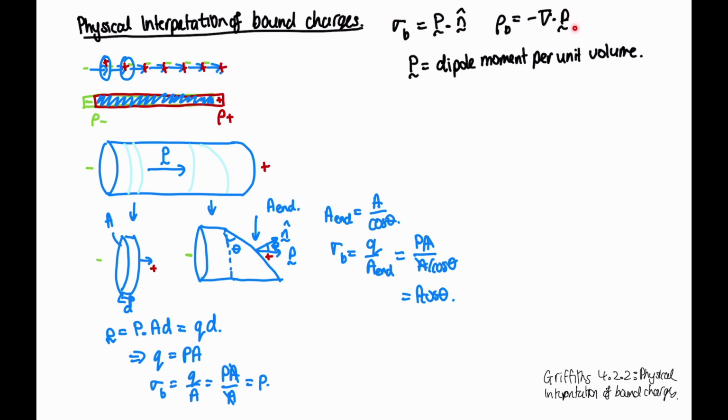Now, in order to consider this volume one, I want you to start by considering a sphere here. And let's just start with no polarization. So there's no net charge within our sphere. But now what we're going to do is add some polarization, because we don't want everything to be zero.